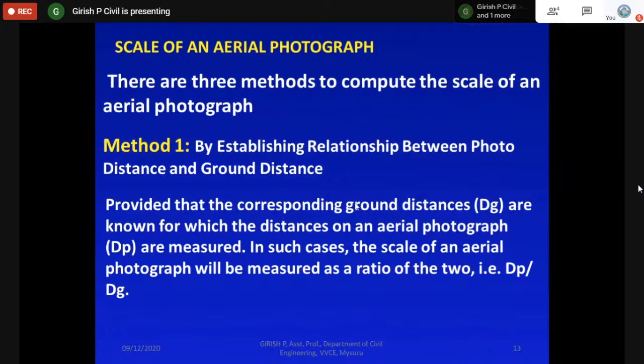In such cases, the scale of the aerial photograph will be measured as a ratio of the two, that is DP versus DG. So the scale of the photograph is measured as DP to DG, the photo distance to the ground distance.